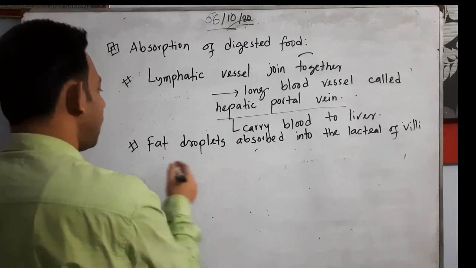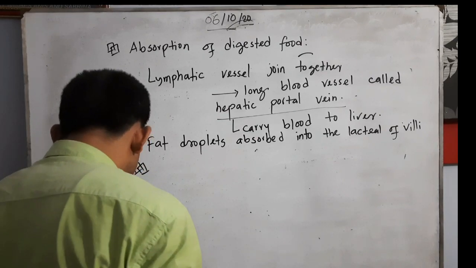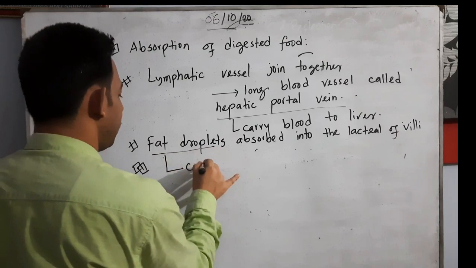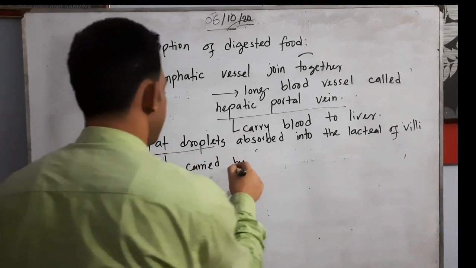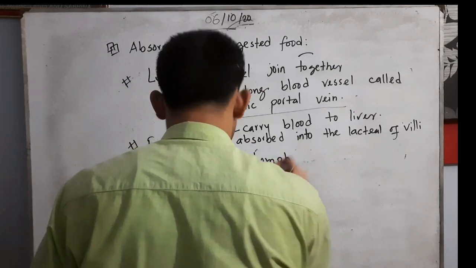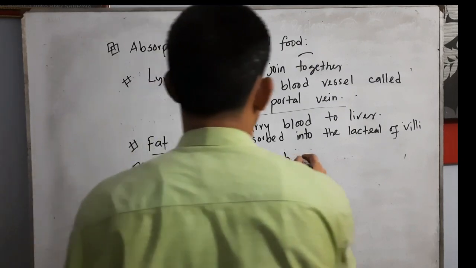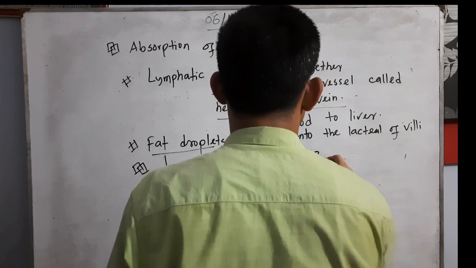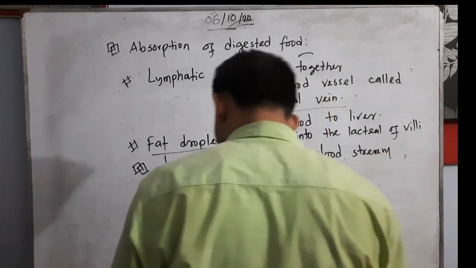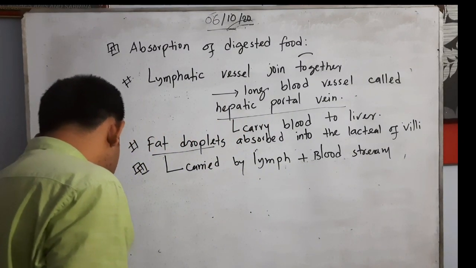Then how are they carried? The fat droplets are carried by lymph, then mixed with the blood stream, and then reach the cell.